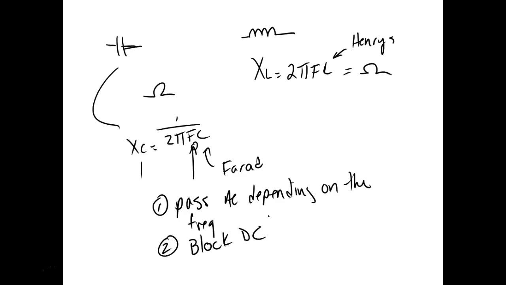So the problem with X sub L and X sub C is that for X sub L, if frequency goes up, its ohms does what? Goes up. If frequency goes down, its ohms goes down. So no, they're different, right? You understand that. So the big thing is, an inductor passes DC, because all it is is a piece of wire, and then it blocks AC depending on the frequency.